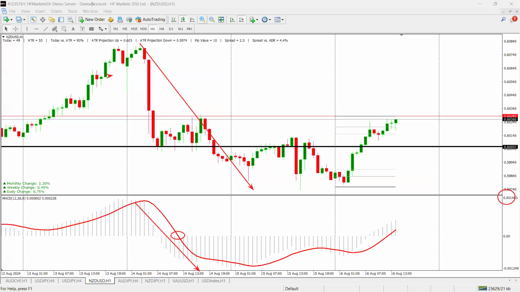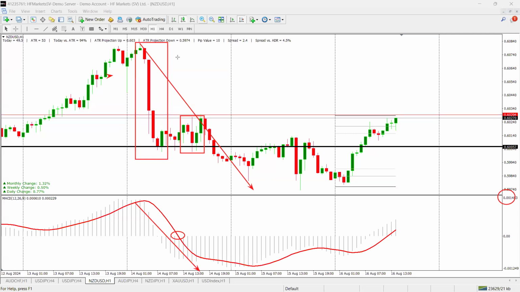But listen to this. You can see that it took time. It was after all this fall happened that we got the signal line moving below zero, maybe somewhere around here. Although we still got some sales, not as much as we could have if we had gotten in from this point. This is to tell you that MACD lags. MACD is also not your savior. It's not the most important indicator in the market.